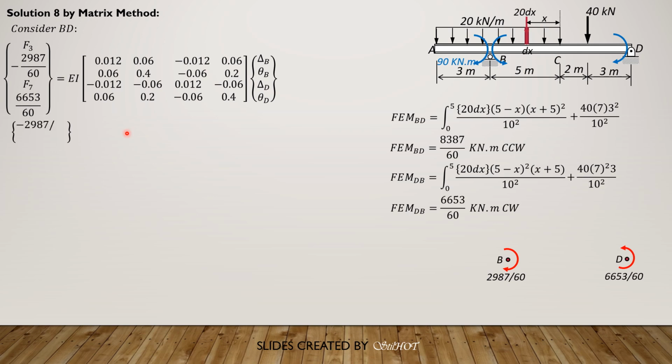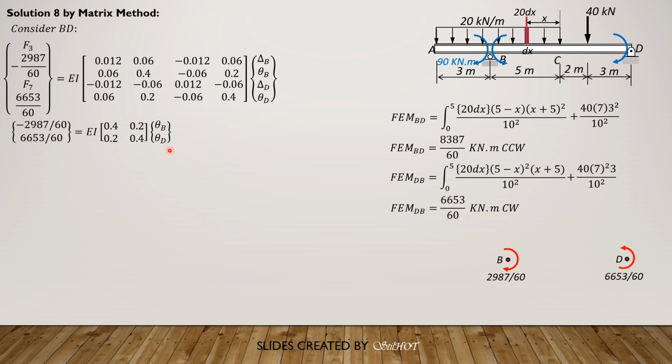Then we have negative 2987 over 60, 6653 over 60 equals EI of 0.4, 0.2, second, fourth, 0.2, 0.4, then 0.06 first and third, but because delta B and delta D are 0, first and third rows rather, that would be the result, because anyway 0.06 times 0 and 0.2 times 0 is 0.